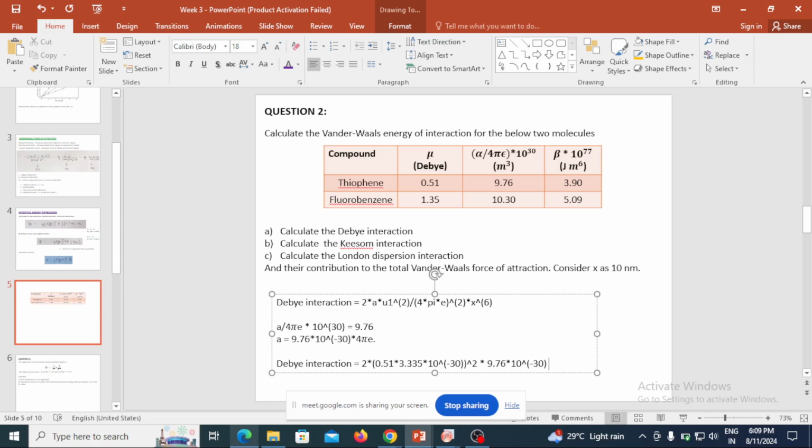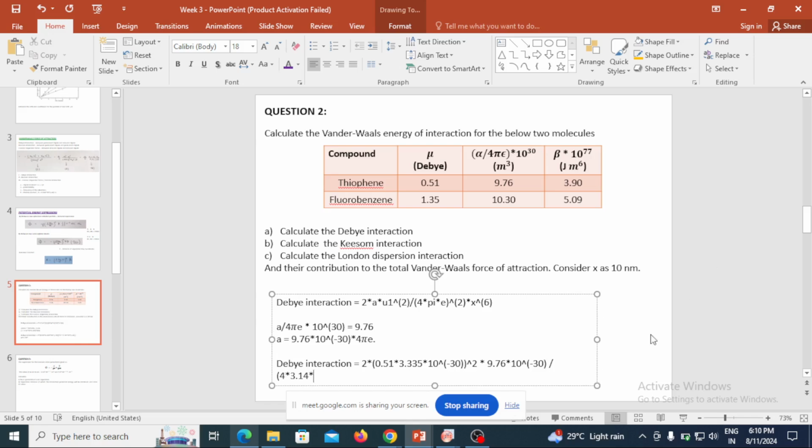Please solve parallelly, because it is very easy to make mistakes. Divided by, since you have taken one 4 pi epsilon with this alpha, you have only one 4 pi epsilon at the bottom. So it's not 4 pi epsilon square, it's just 4 pi epsilon.